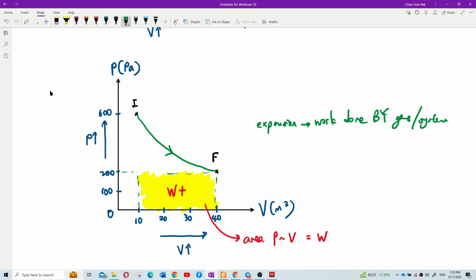So is this compression or expansion, class? Expansion also. Understand? So the area under the graph is a positive work done, work done by the gas. Okay or not, class?